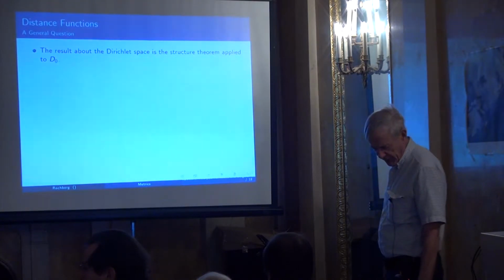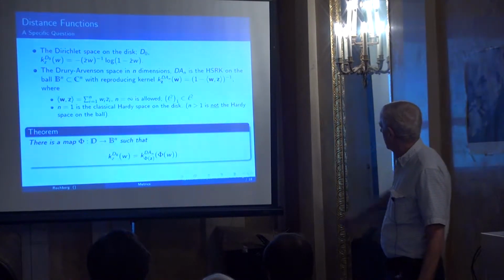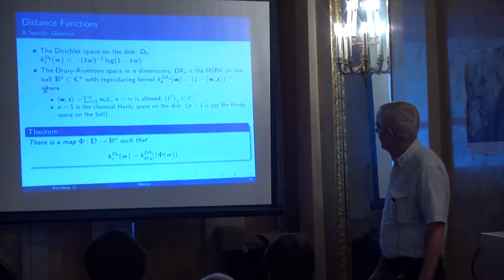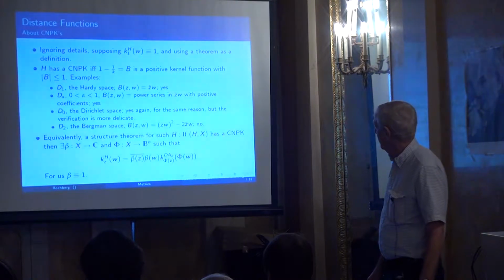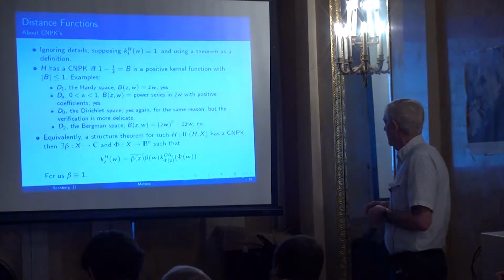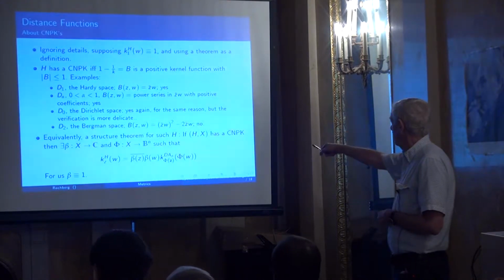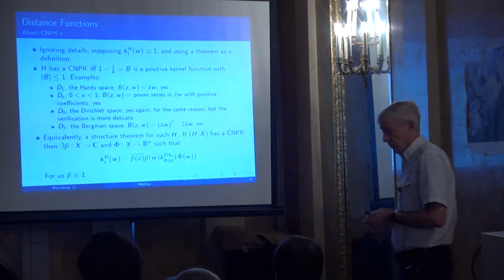So the result I stated about the Dirichlet space, that result on the bottom, is just this abstract structure theorem applied to the Dirichlet space. The fact that the reproducing kernel for the Dirichlet space reproducing at the origin is identically 1 makes those betas disappear, and then we get what we had before.